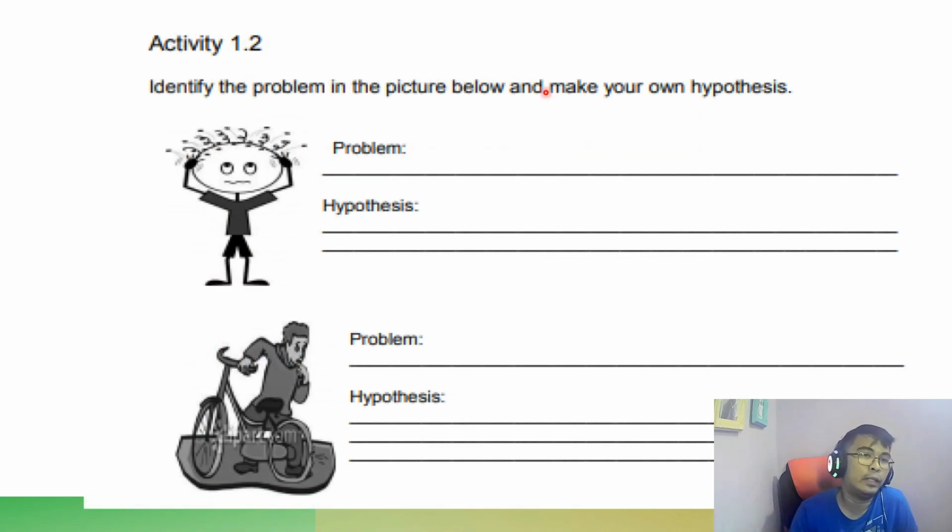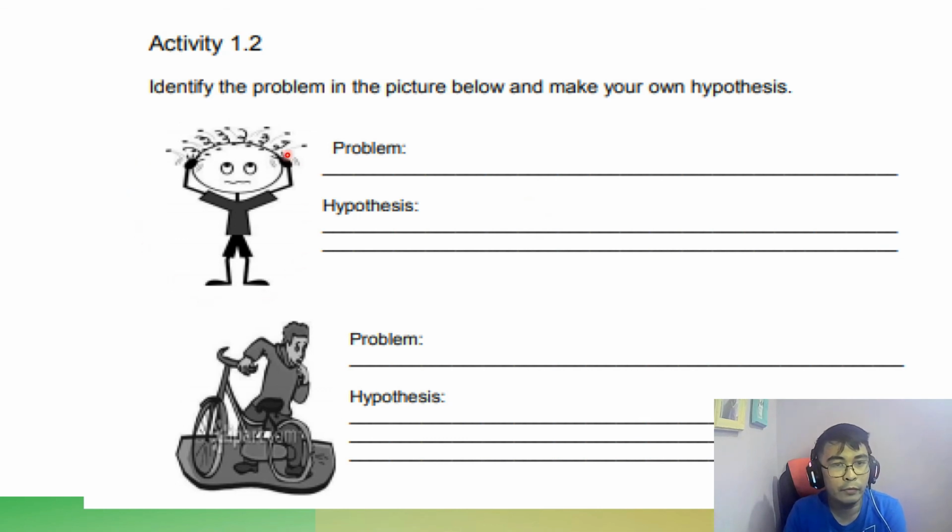And then after 1.1, this is now the time for you to answer activity 1.2. The direction is that you need to identify the problem in the picture below and make your own hypothesis. So, based on the picture, you will make a problem, and from that problem, you will write your own hypothesis.